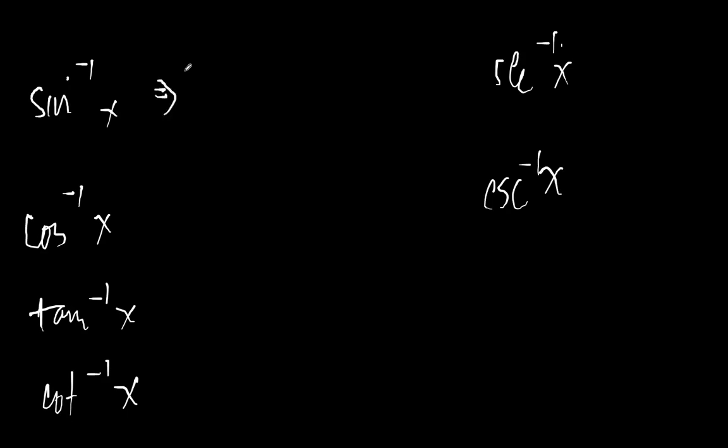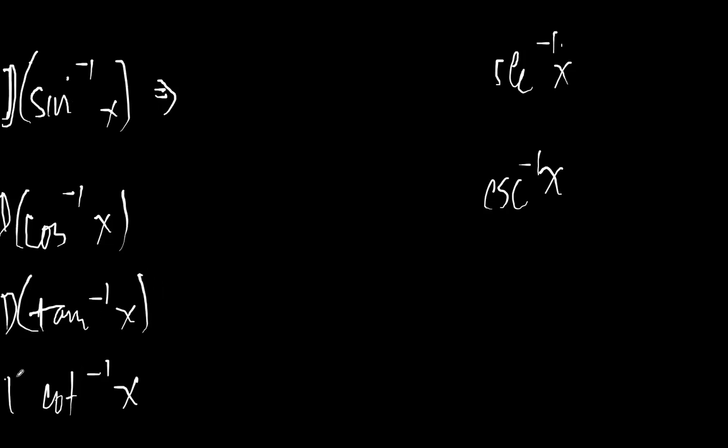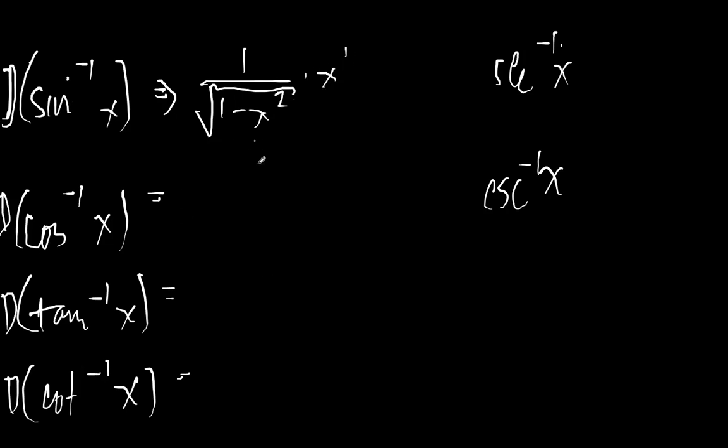This is equivalent to the derivative, d in terms of x, of course. So this is equal to 1 over the square root of 1 minus x squared times x prime. And this one is negative 1 over the square root of 1 minus x squared times x prime. So it's just like you copied the formula for the derivative of inverse sine, but you multiply it by negative 1.